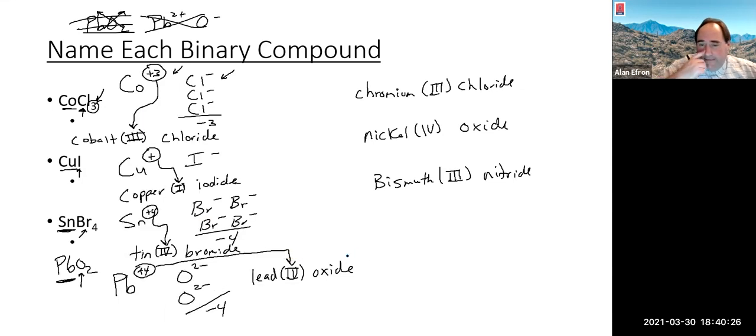Okay. Then obviously let's go backwards. As I was just mentioning, this is sort of the one place where you can know what the charge is on a metal, going from name back to formula. So when it says here chromium Roman numeral 3, what that means is the chromium has a +3 charge. That tells us automatically what the charge is.